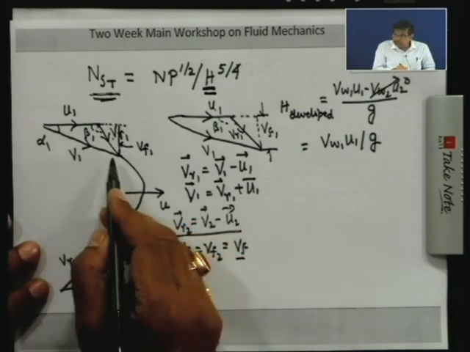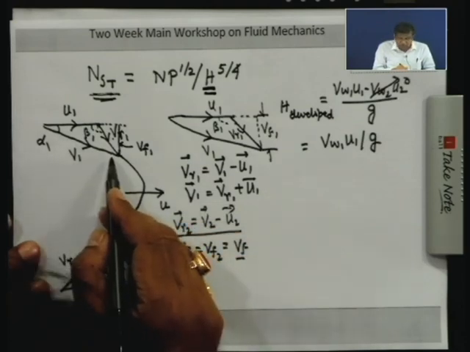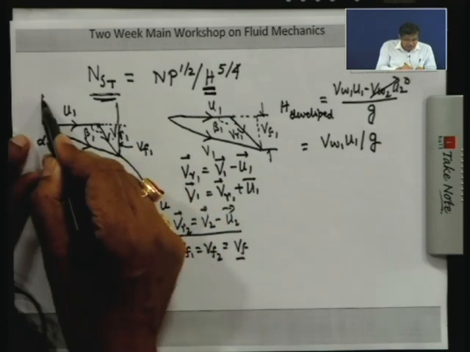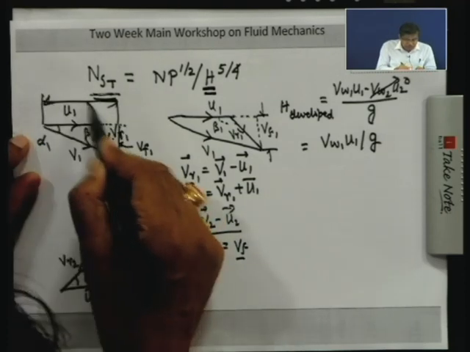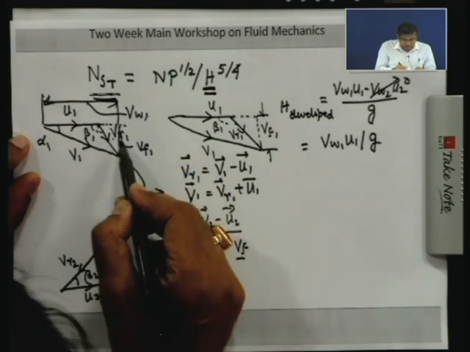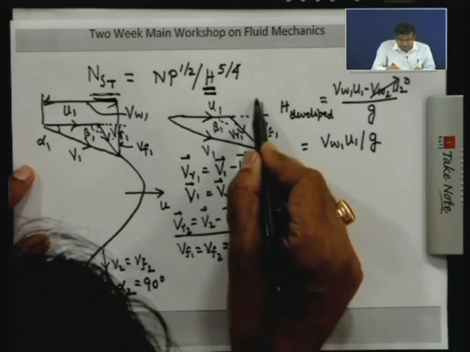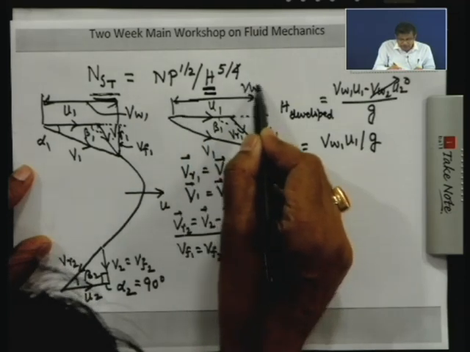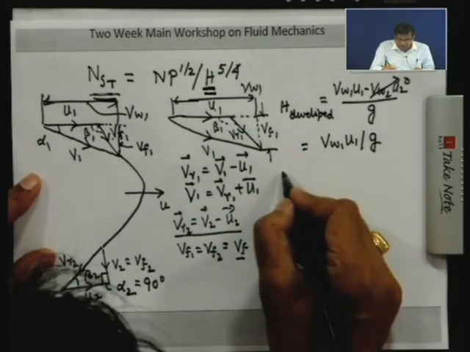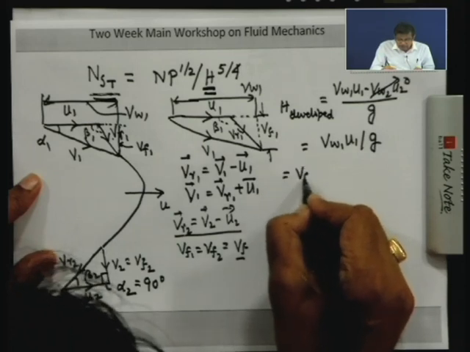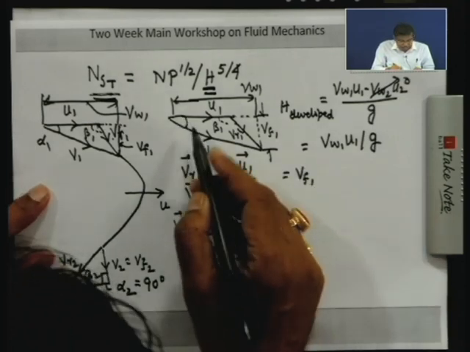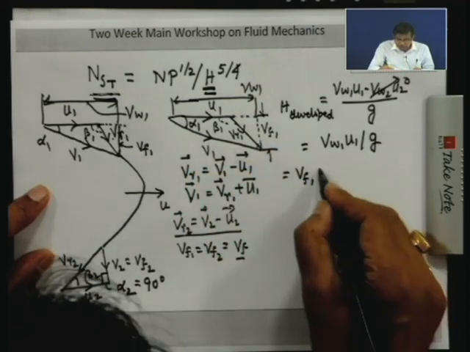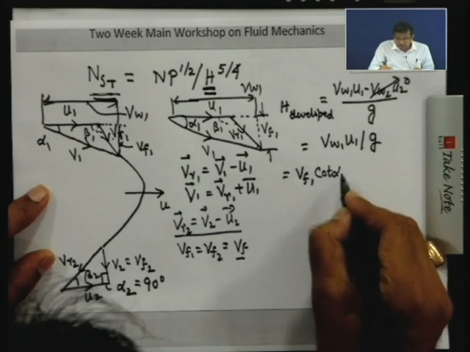Now, a little bit of school level geometry and trigonometry: VW1 is this one, which in terms of Vf1 and alpha 1 is Vf1 cot alpha 1.